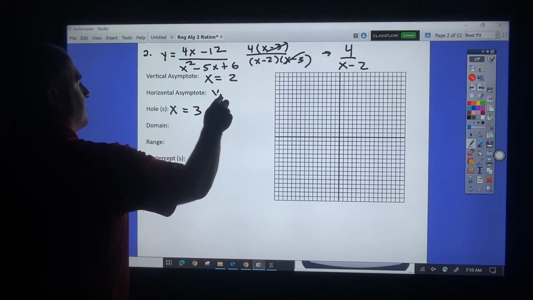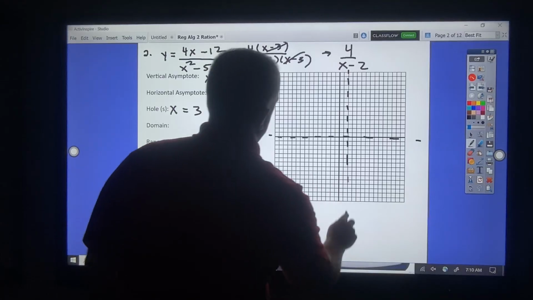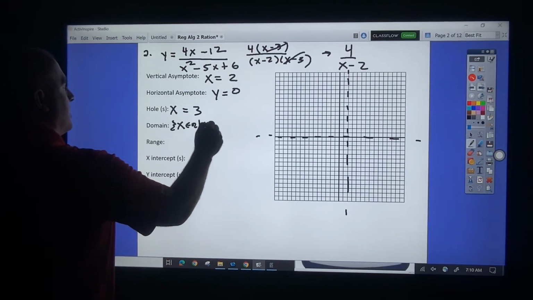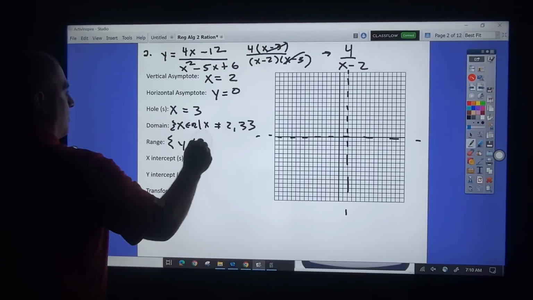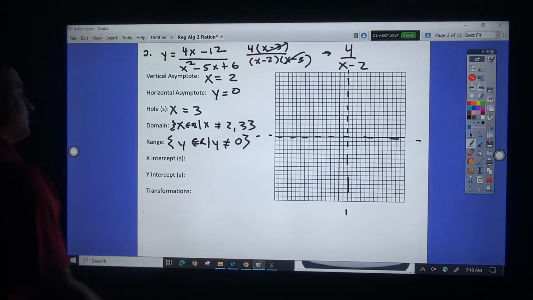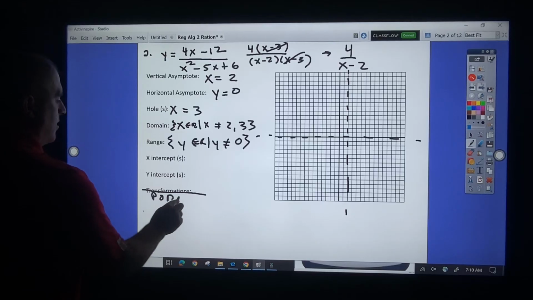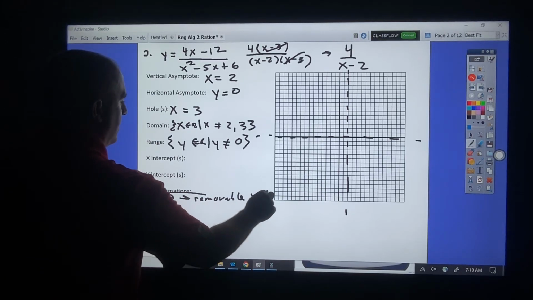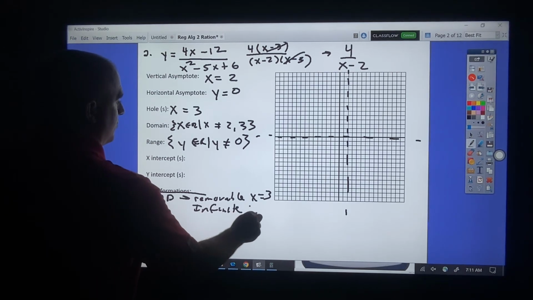My horizontal asymptote would be 0. My domain, x is an element of all real numbers such that x can't be 2 or 3. My range is y is an element of all real numbers such that y can't be 0. My points of discontinuity: I have a removable at x equals 3. I have an infinite at x equals 2.